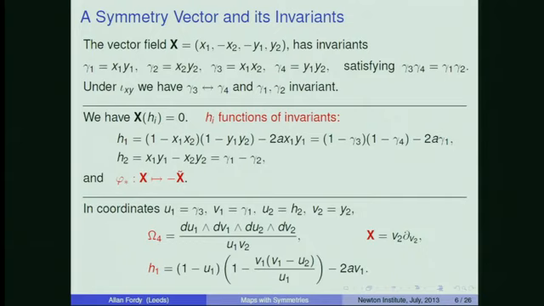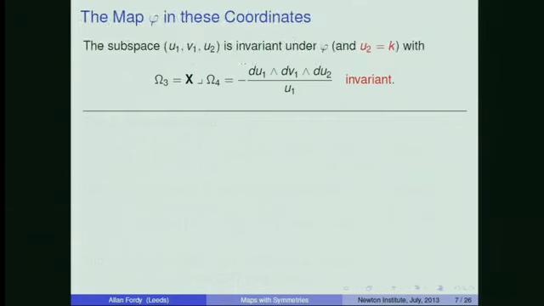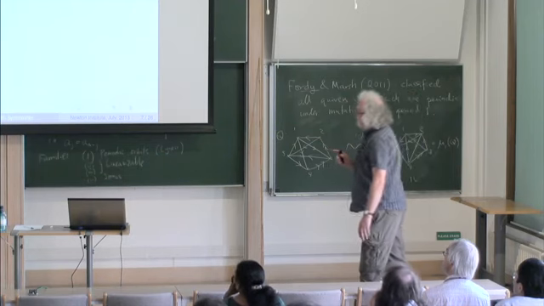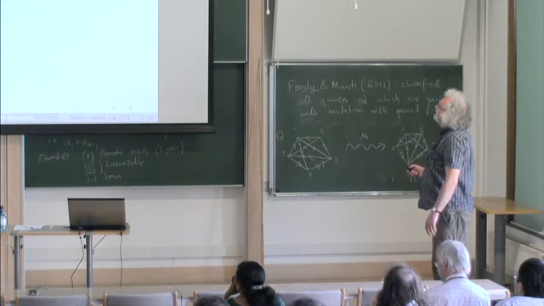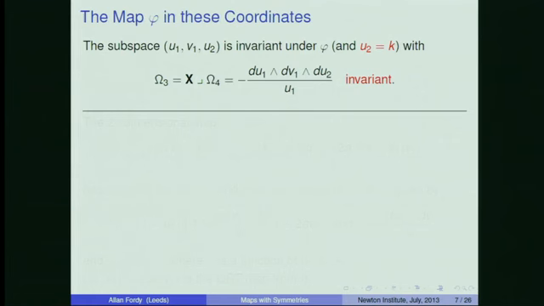And in those coordinates, well, you can just calculate. You get omega 4 comes down to that. X now becomes v2 d/dv2, and H1 looks like this. And then under this map, the details of which don't matter, the subspace of invariance is left invariant, of course, because it was designed like that.